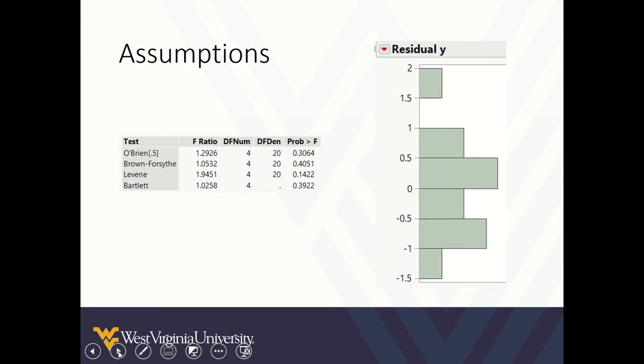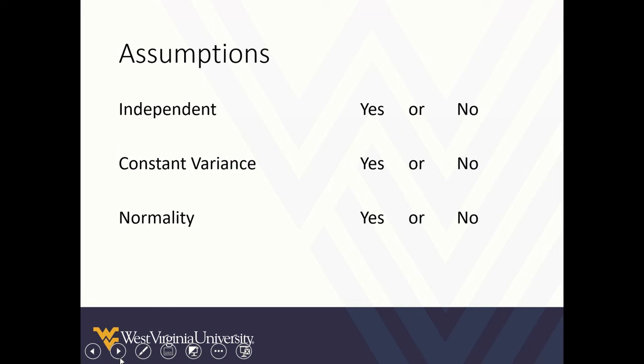And so the first thing we would do is to assess our assumptions. I've given you this information in these tables and chart. We need to assess, do we have independence of our observations? Well, in the original problem, we were told that each observation was randomly selected, so that implies we have independence. Second, constant variance.